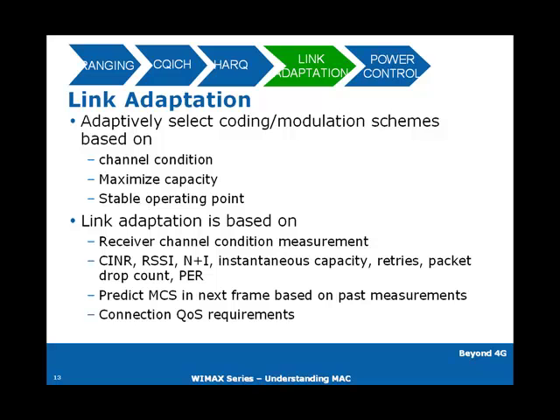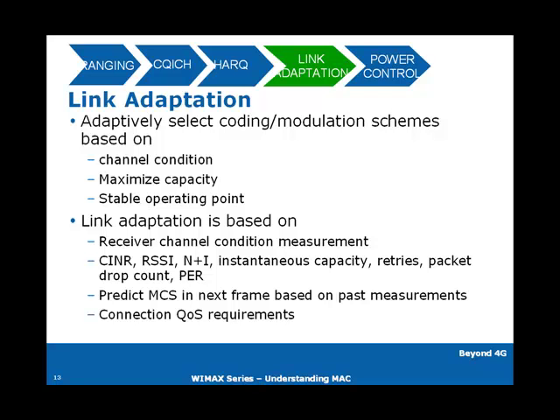So link adaptation is based on either the receiver's channel condition, or it could be based on CNR, RSSI measurements. It could be based on instantaneous capacity of that particular link, or number of retries, or packet error, or drop, etc.